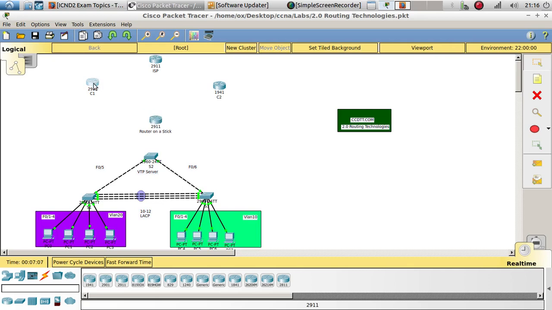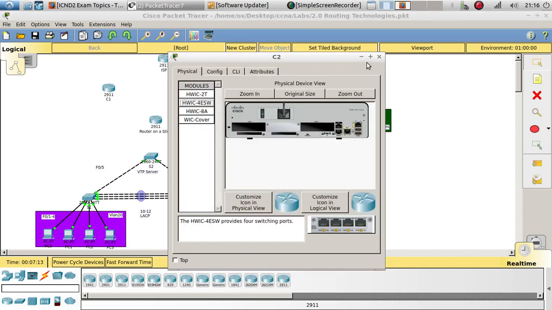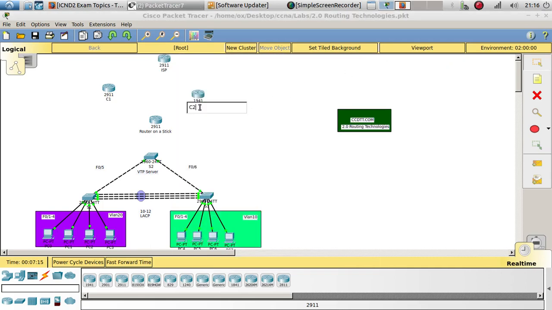And this router is actually going to be ISP. Let's make this Internet Service Provider 2 and Internet Service Provider 3 over here, and this one is going to be number 1, so that's good. Okay, so this is done.